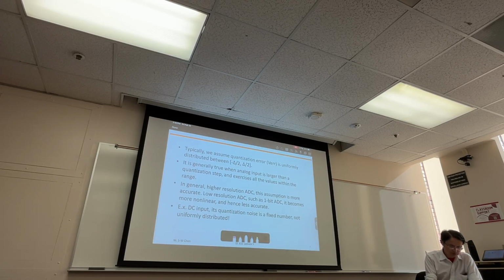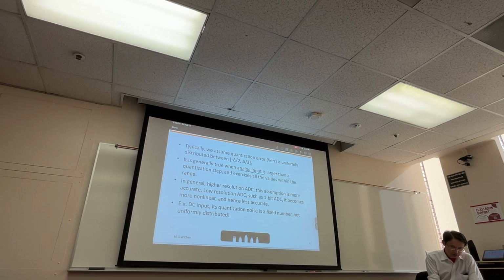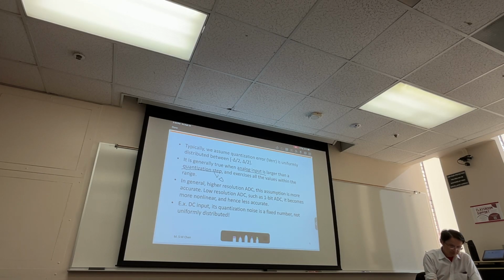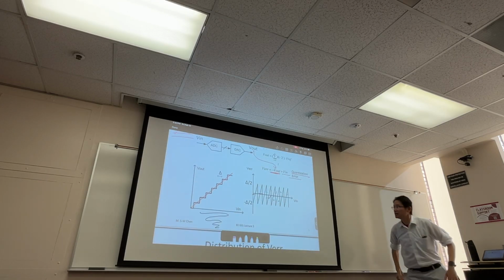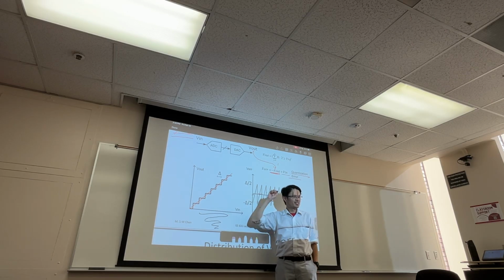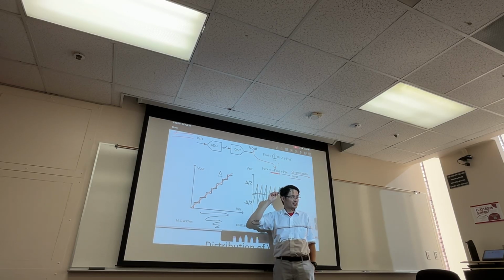Especially if your analog signal is usually much larger than one quantization step. One quantization step is delta. Your input has to be much greater than 1 delta. Why? If my input is all within 1 delta, it depends on where you are.